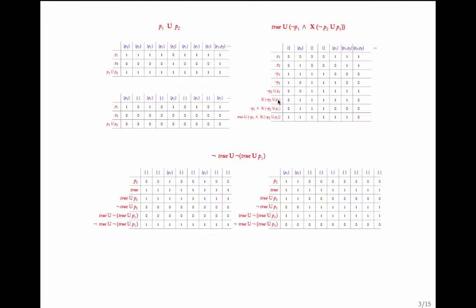We also saw the properties satisfied by these formula expansions. For example, if X of some formula is 1 here, then in the next position that formula should be 1. Similarly, we saw and, not, until compatibility conditions.